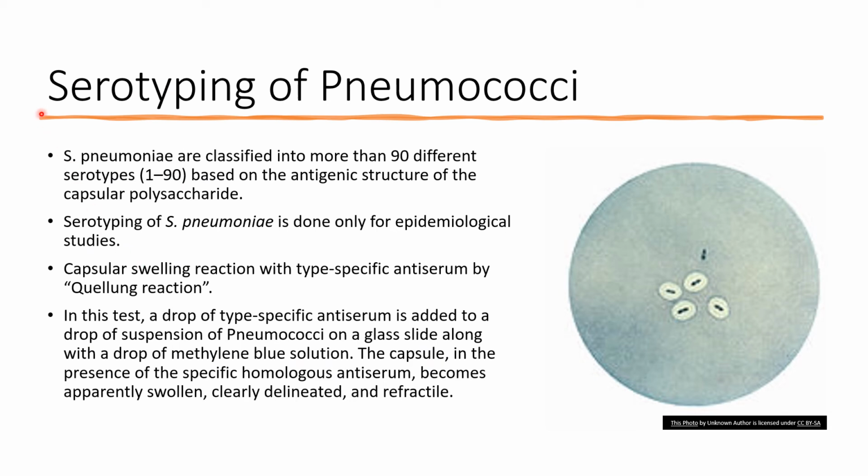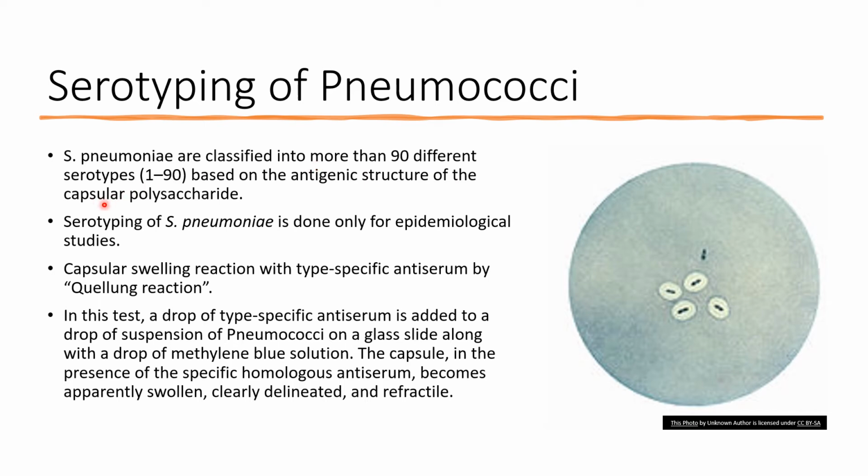Serotyping of pneumococci. This is one special topic you should know about Streptococcus pneumoniae. The reason is that this species is classified into more than 90 different serotypes. That means more than 90 different types of Streptococcus pneumoniae can cause infection in human beings. How is the serotyping done? Mainly based on the antigenic structure of the capsule.